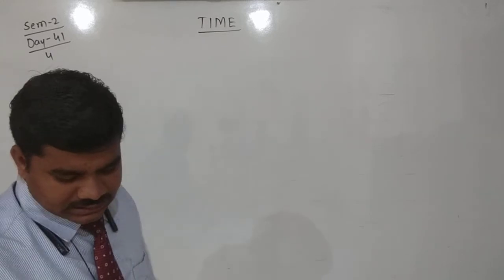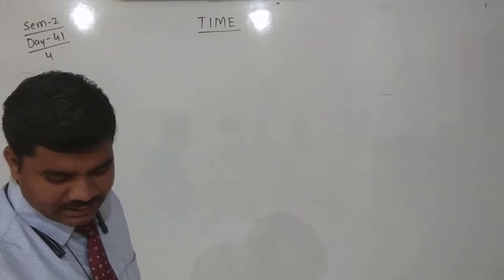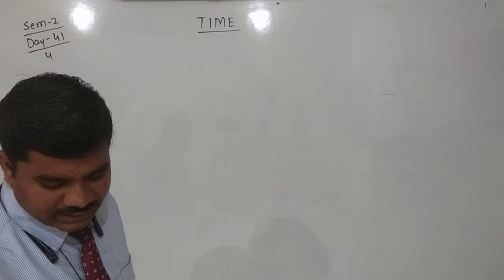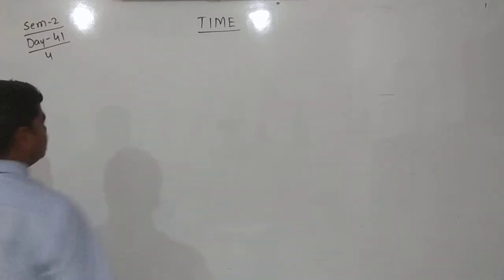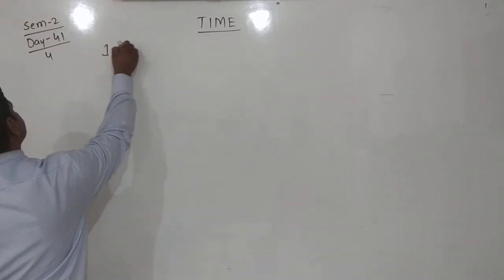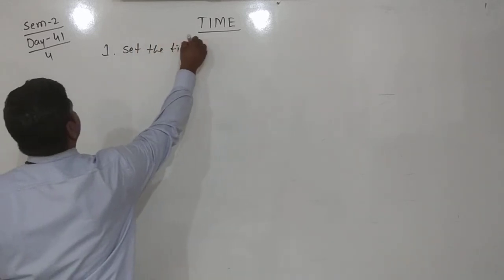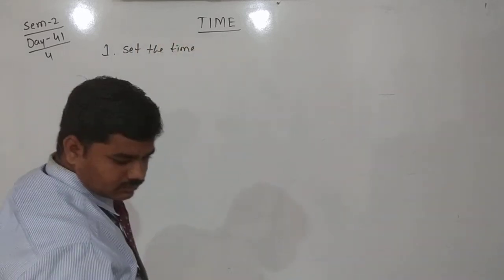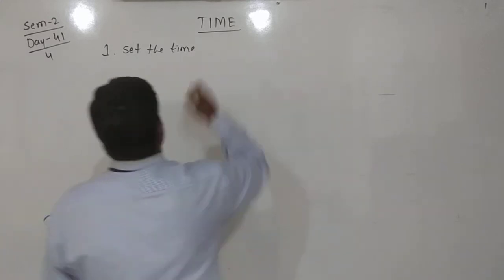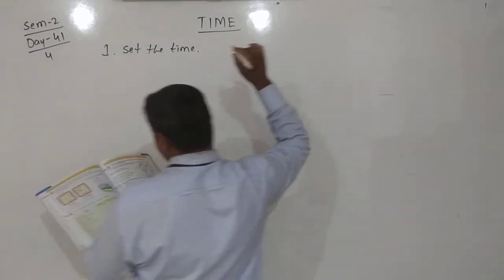First one, set the time, find the interval between the start and the end of each activity. Yes, question number 1. First you should set the time. Hands are not given.